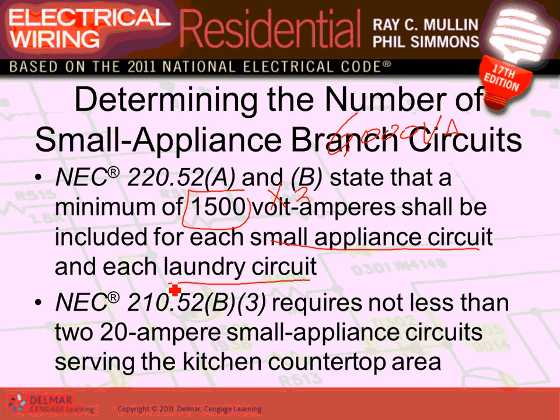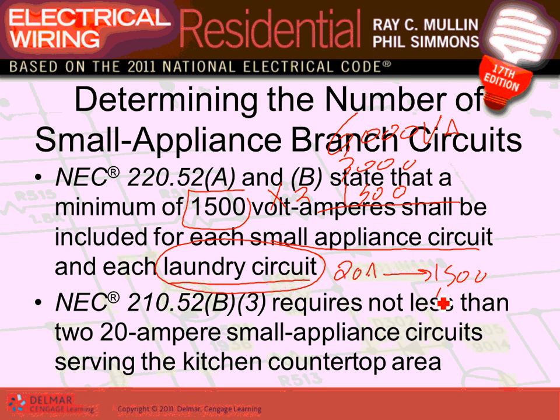The code wants you to have in the kitchen, above and beyond the 4 circuits we calculated in your house, 2 circuits for the kitchen equipment and 1 circuit for the laundry. Each has to be allocated 1,500 volt-amps, so no problem. So I add 3,000 volt-amps here for the 2 for the kitchen and another 1,500 volt-amps for the laundry.